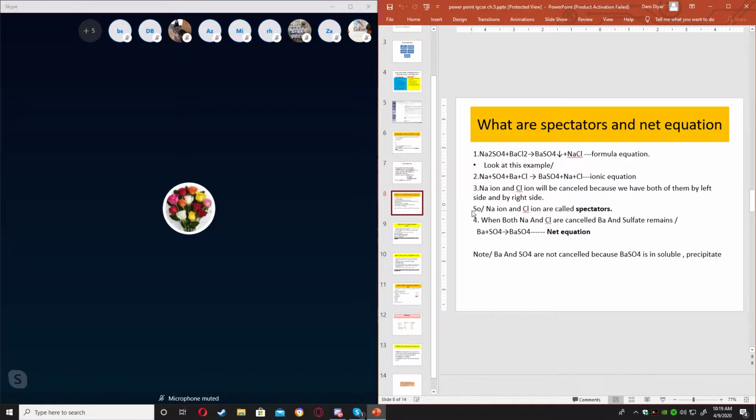So the ions that are soluble in the water are called spectators. Very good. The net equation is basically the insoluble salt. Those remain. Yes, very good.